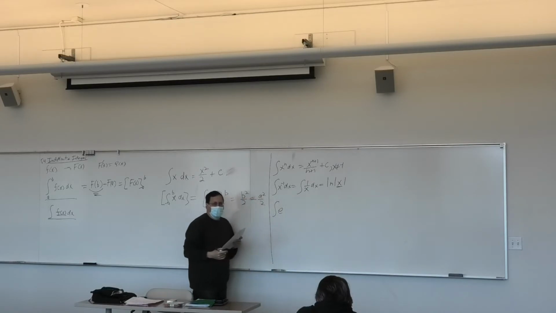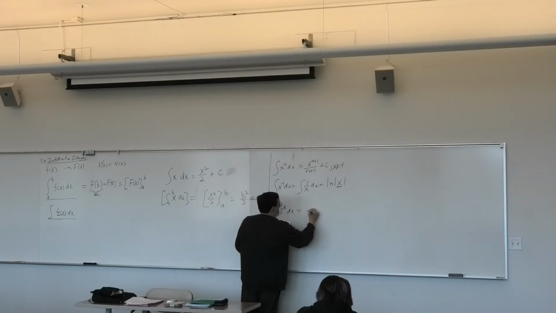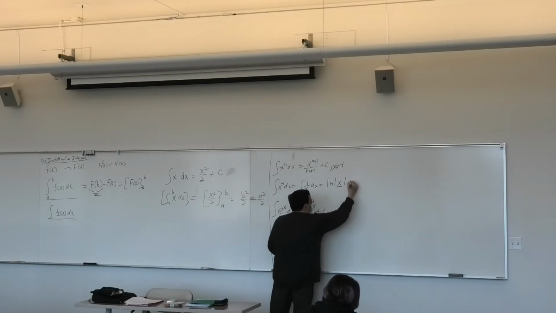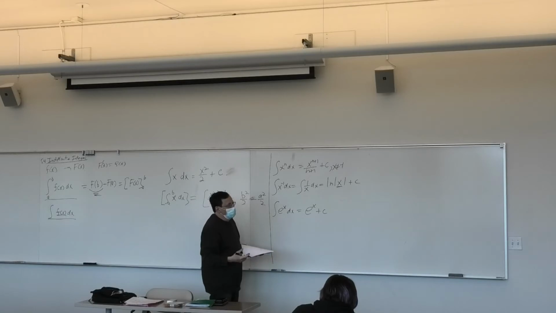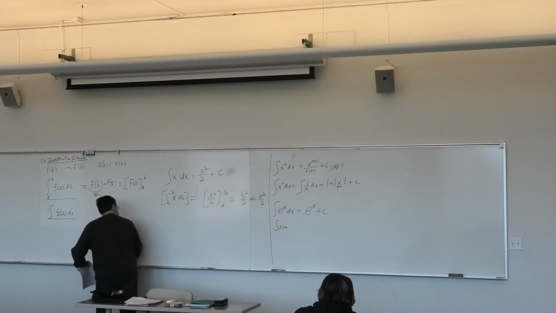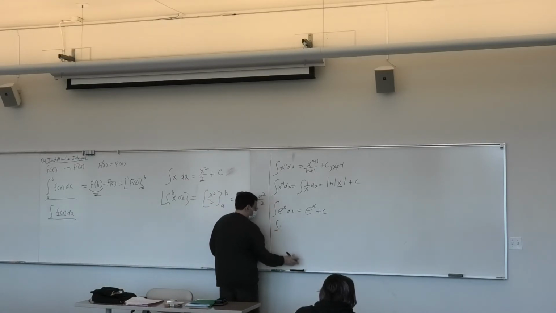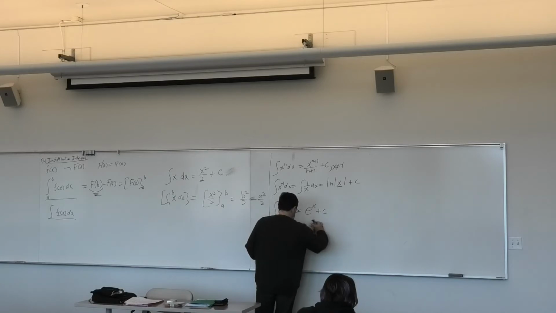I'm going to try to go through these pretty quick because we've gone through these before. E to the x is just going to be e to the x plus a constant. All the functions that we found derivatives for, you can just go in reverse. The integral of the sine, of course, is the negative cosine.